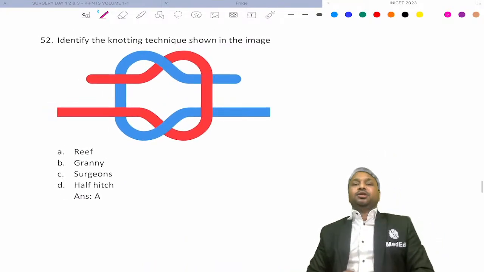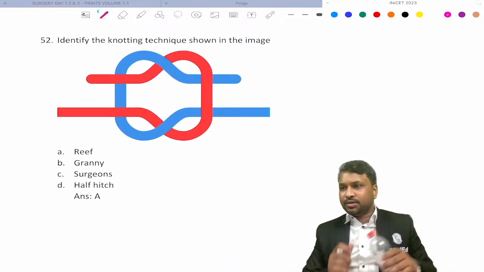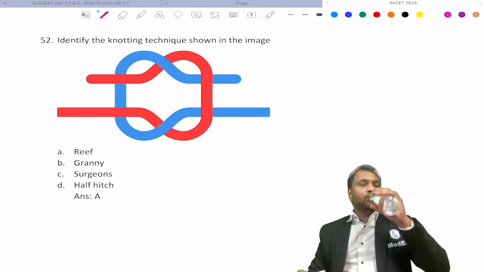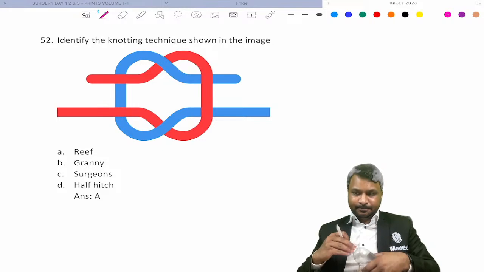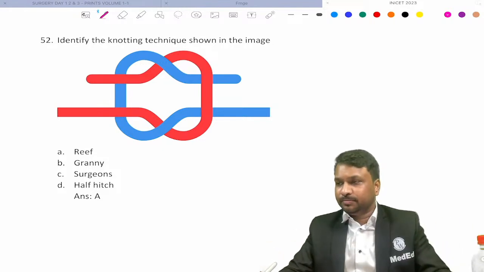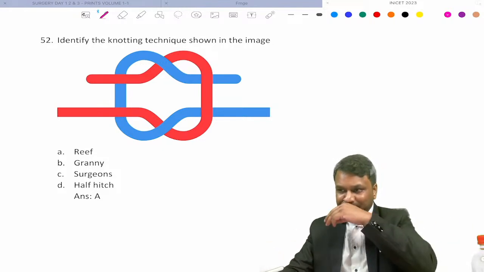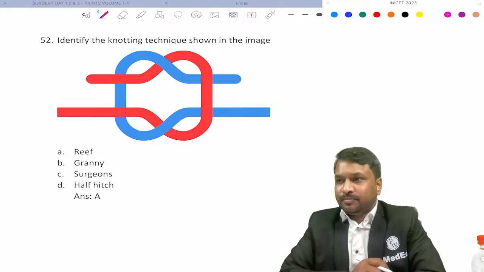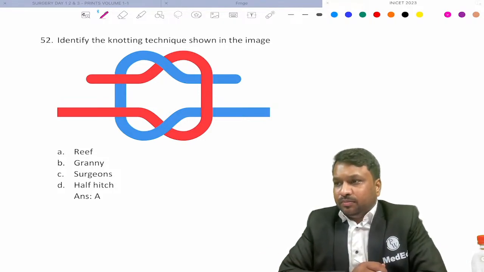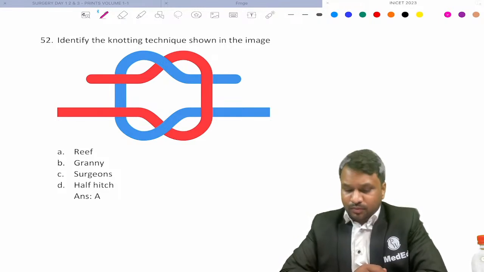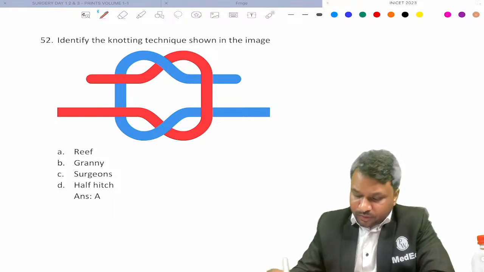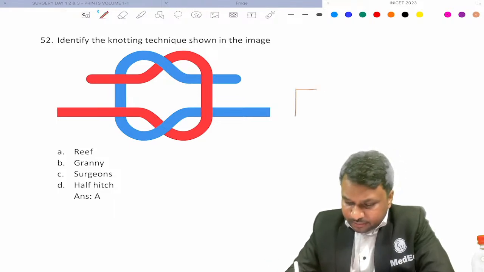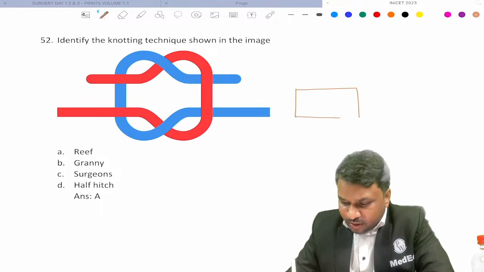Identify the knotting technique. A quick feedback here, guys. Question number 52. Okay. Now, when you look at this, in the knotting techniques you have the standard knots that you have to remember.